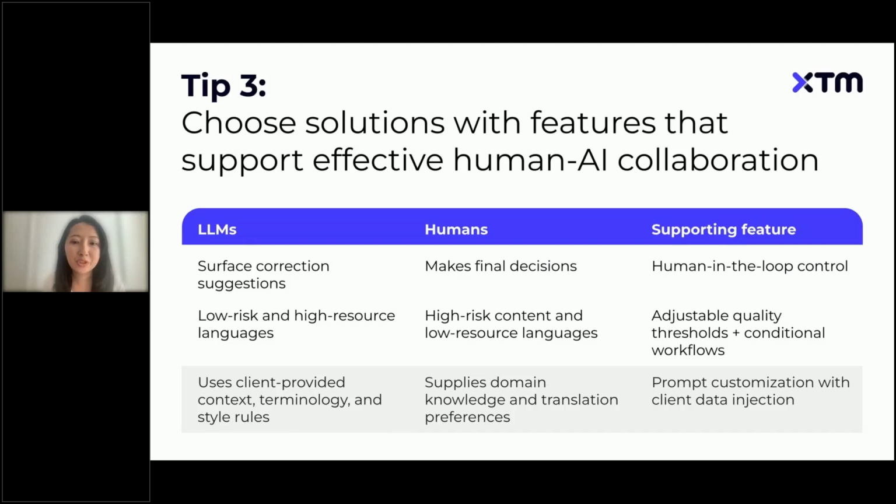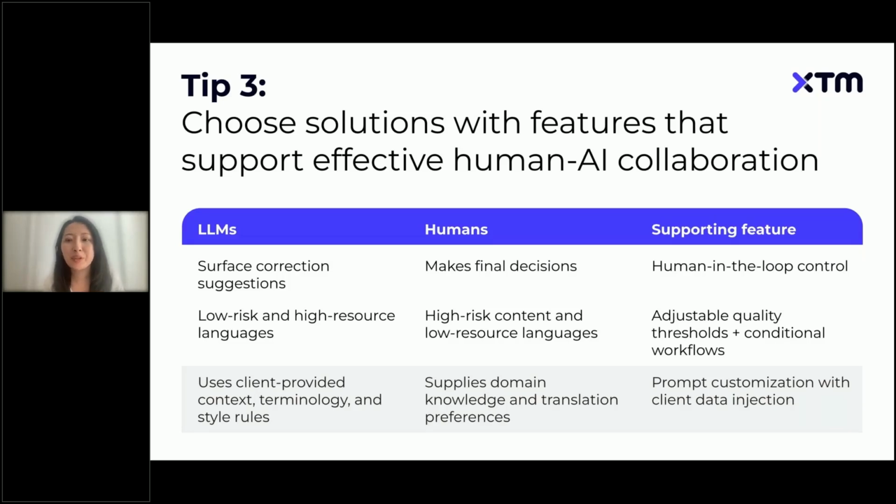A supporting feature here is what we call prompt customization with client-specific data injection, very technical, but basically the solution provider should be able to tailor AI prompts using your organization's inputs, like context from your language resources, what the domain or subject matter is, right? This allows you to produce and ensure more relevant, accurate, and brand-aligned output.